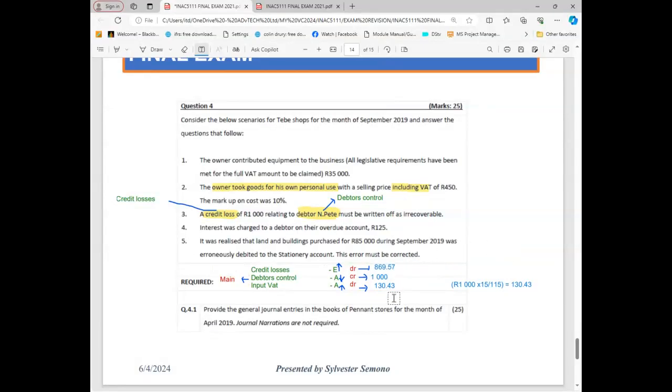The main account doesn't matter where you put it, but it will always take the amount including VAT. Thereafter, calculate VAT, minus the VAT from that amount, and you get the other amount. Now we must go and record. Remember, the one that is debited will always be recorded first. So that is number 3.